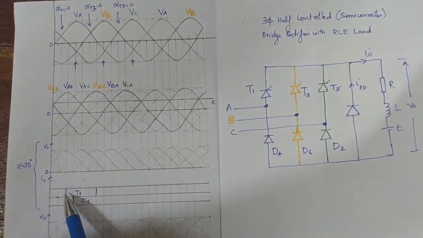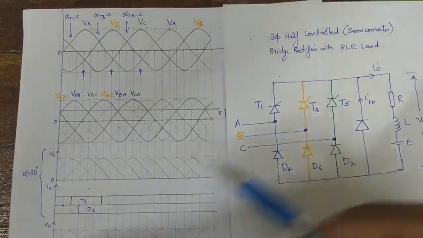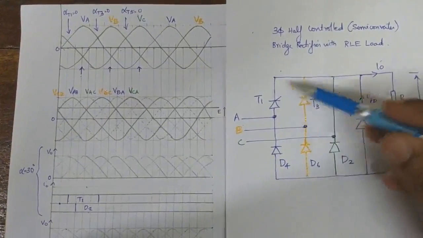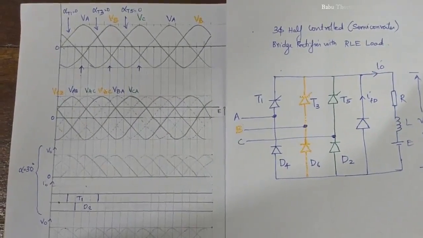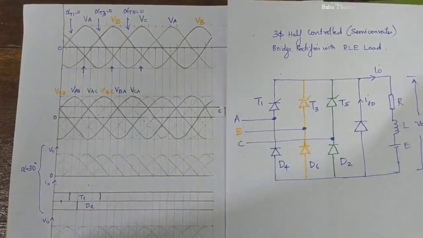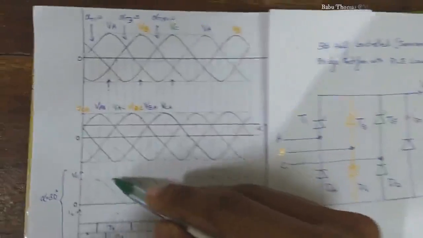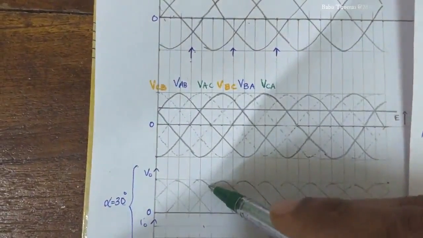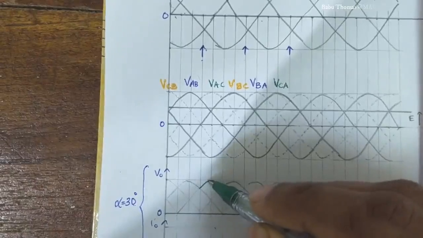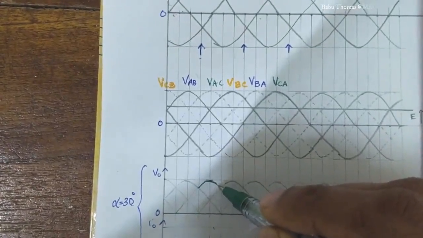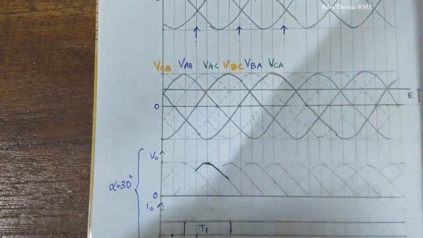For alpha equal to 30 degrees, the thyristor T1 and the diode D2 come into operation, and we can see that the current goes through T1, RLE, then D2 and to the point Z. Therefore the voltage which comes across the system is nothing but VAC. This is your waveform corresponding to VAC.